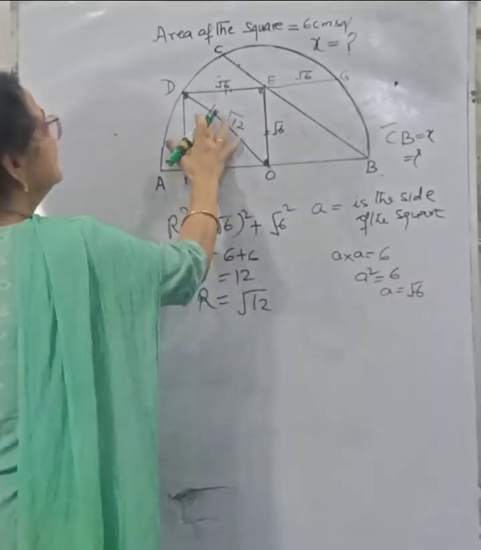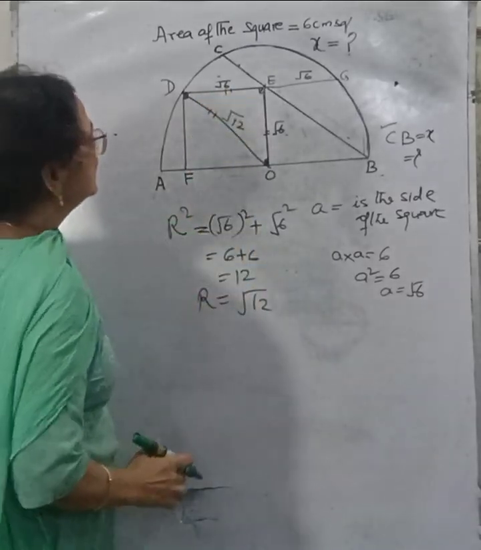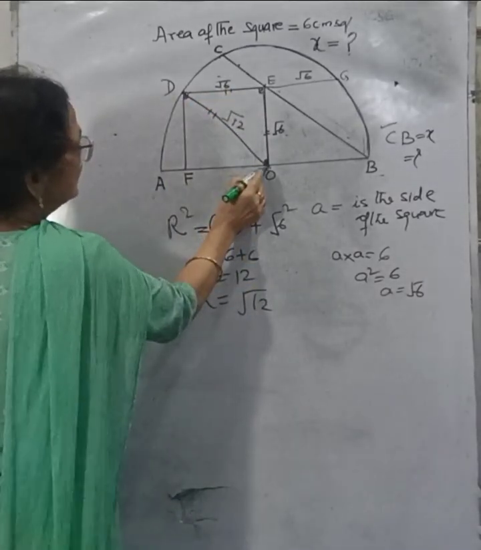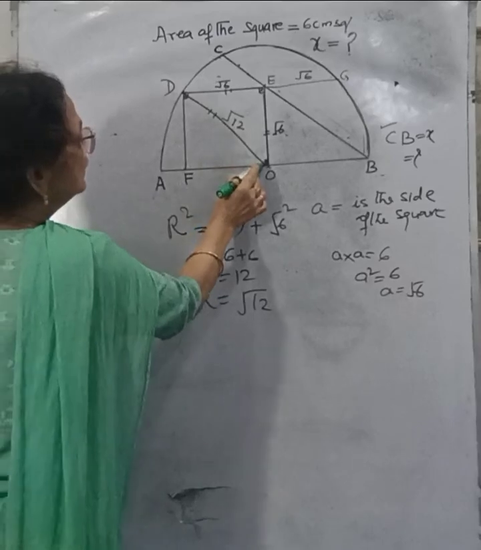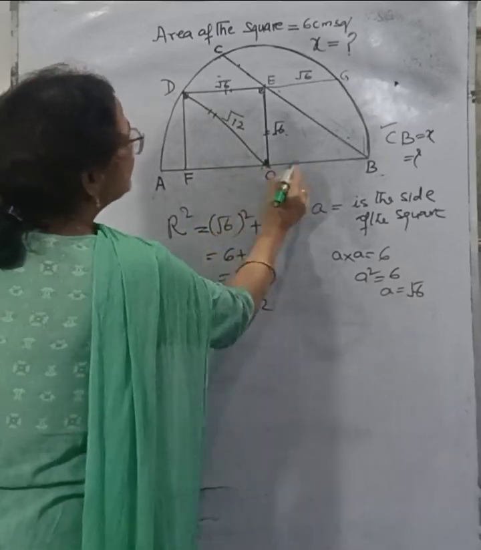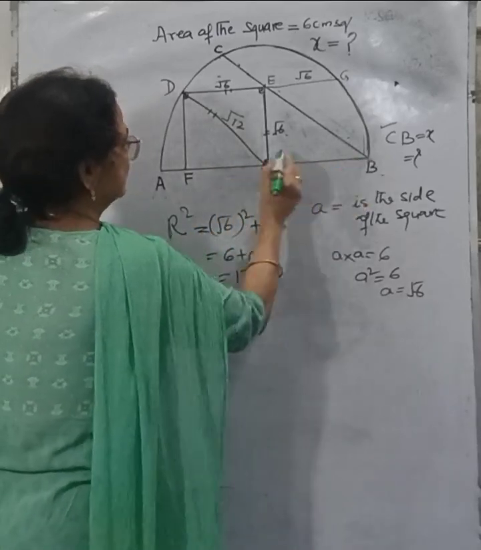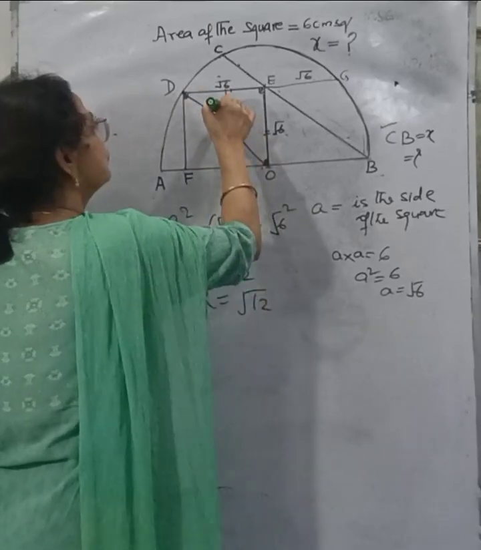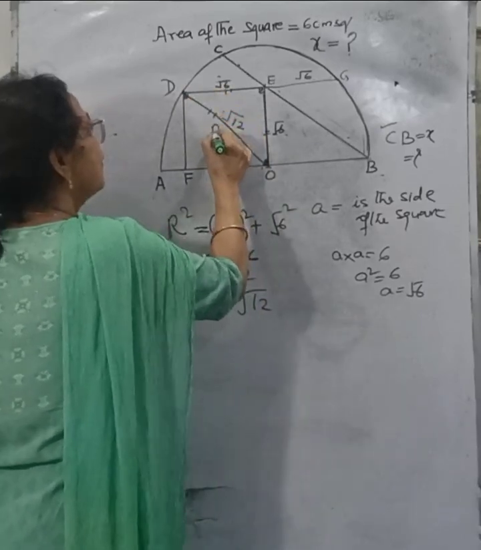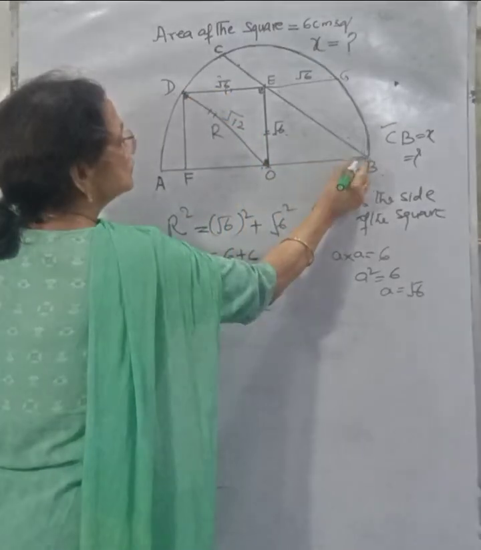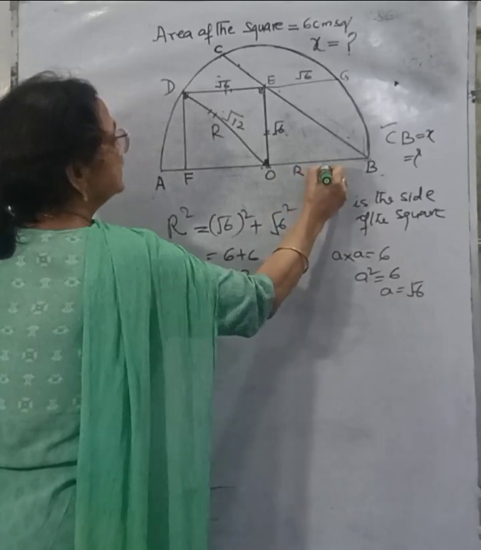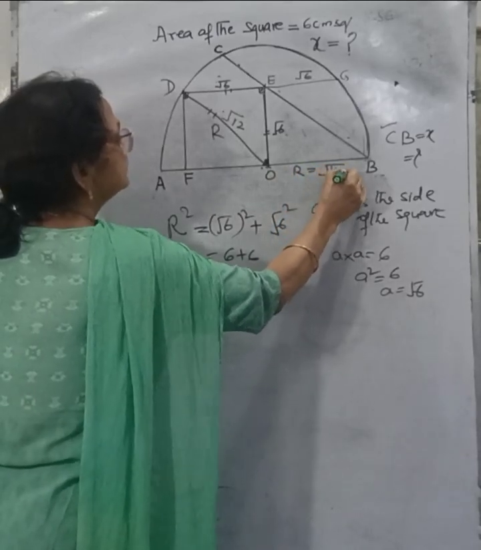Okay, very helpful. This square is very helpful. This is the diagonal of root 12. So it means that this is also the radius, because this is a diagonal of root 12 and also the radius of the circle, so this is also the radius. This will be equal to root of 12.